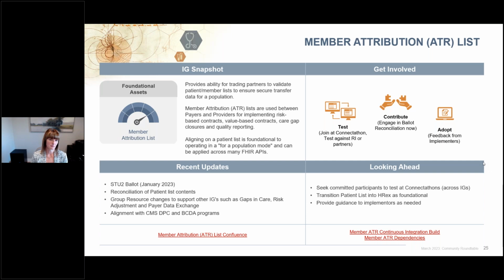As part of this most recent update to the guide, we also generalized the attribution list profile support, which supports multiple use cases, which requires patient lists. In looking ahead, this profile will eventually be moved into the HREX implementation guide as a foundational component for use across all Da Vinci implementation guides.